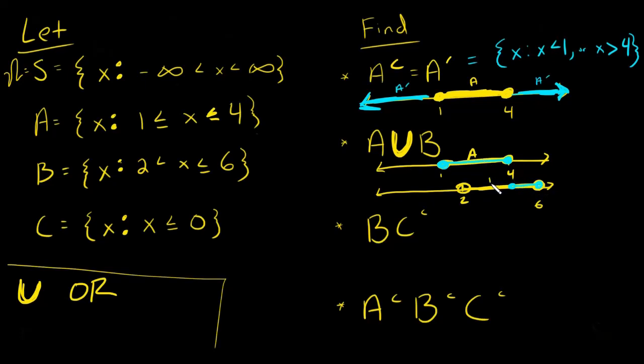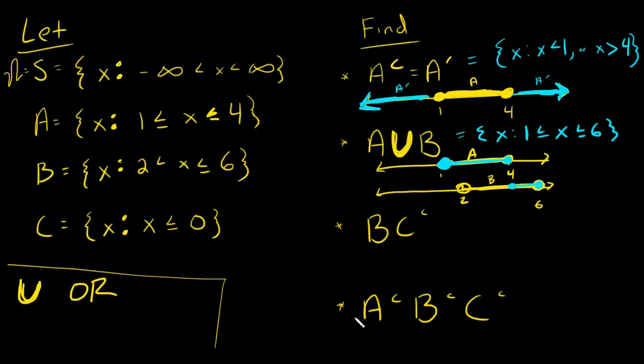Okay. So here's B. So if we're part of A or B, then this is equal to X, such that X is between 1, includes 1. Okay, we get picked up at 1, and then we don't get dropped off until we get to 6. And we include 6. Okay? So all the elements that are in either A or B is from 1 all the way till I get to 6.